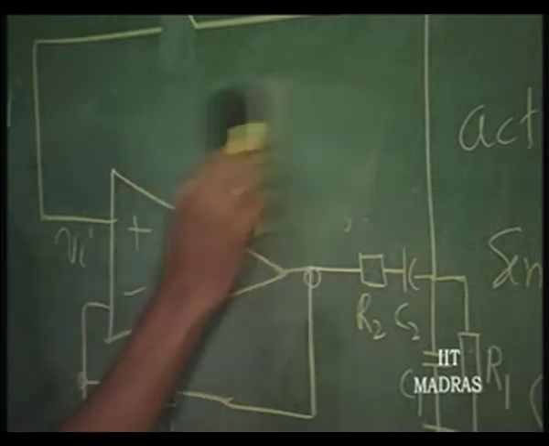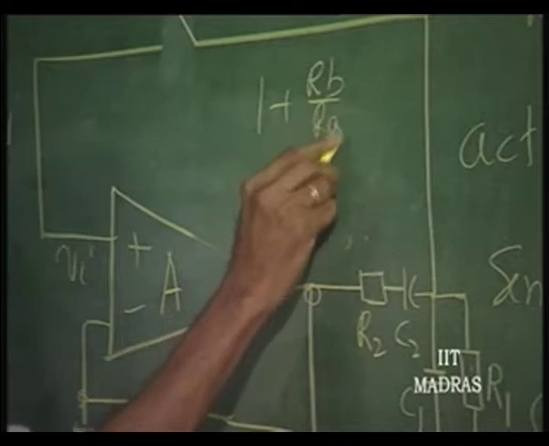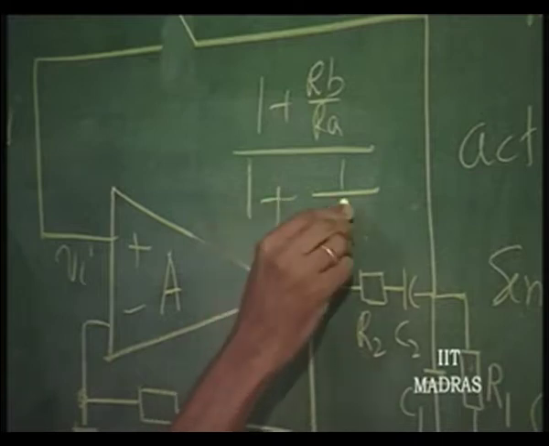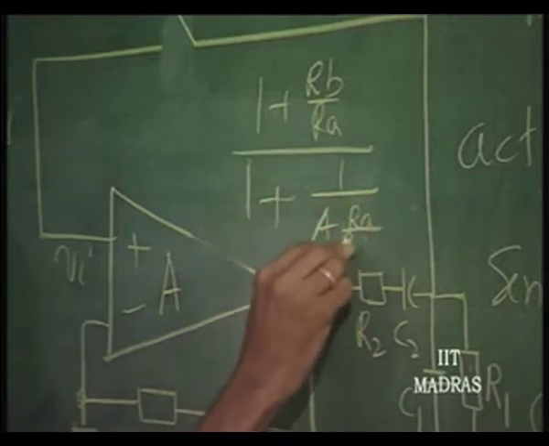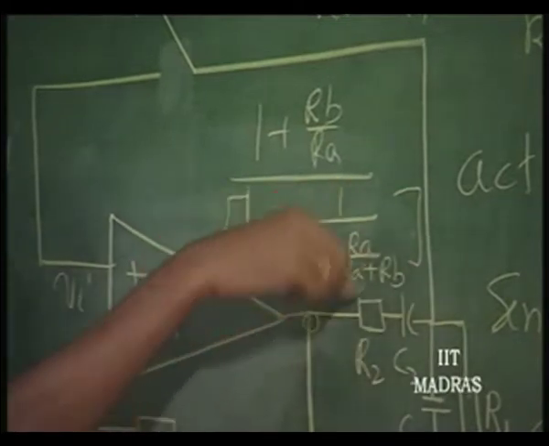So, the gain is really 1 plus R B by R A, which is correct, divided by 1 plus 1 over A beta. A beta is considered the loop gain for this. So, the loop gain A into beta can be rewritten this way, and that is the error.